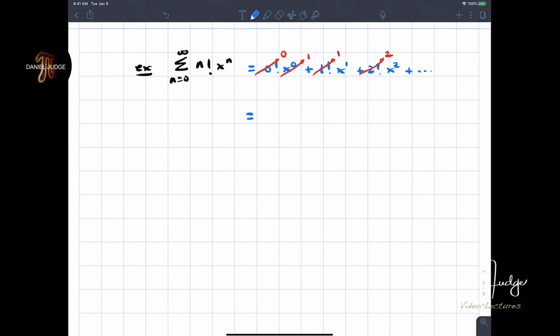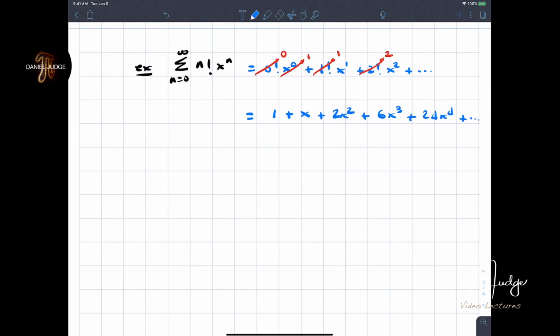So you're seeing here 1 plus x plus 2x squared plus, since 3 factorial is 6, 6x cubed. 4 factorial is 24, so 24x to the fourth. This goes on forever.